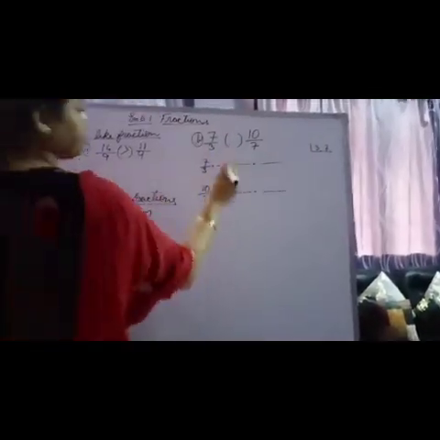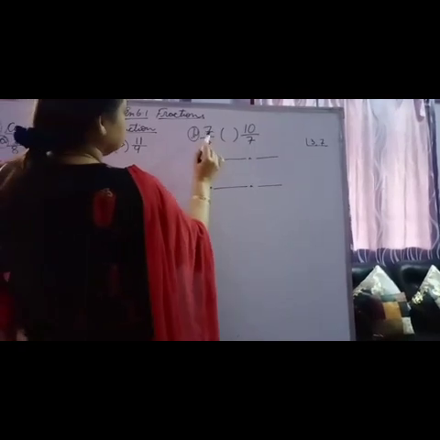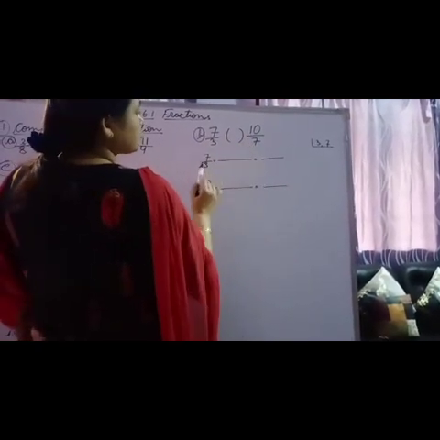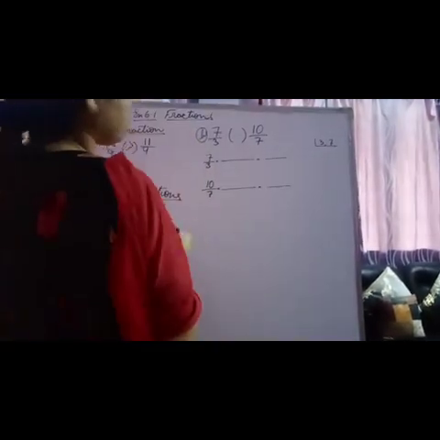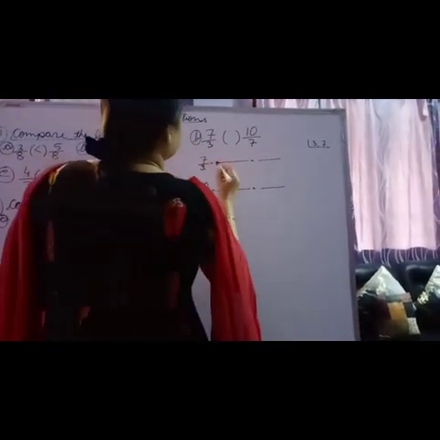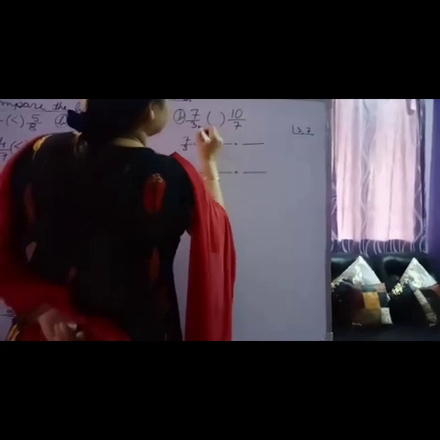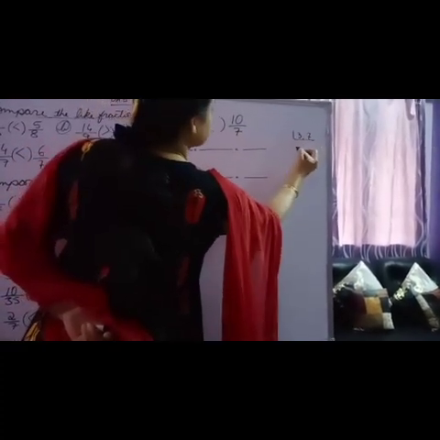Now one more sum I will go through. Again we have unlike fractions. So first step we have to convert them into like fractions. First find the LCM of 3 and 7.